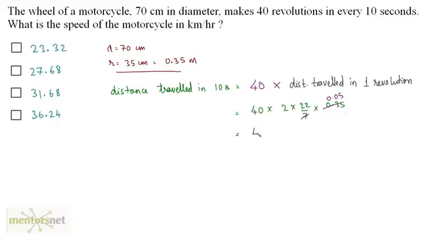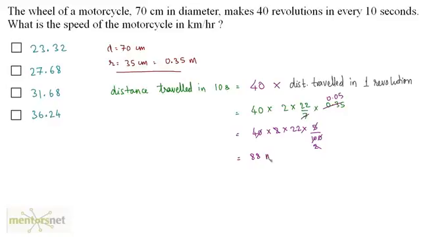So this can be written as 40 times 2 times 22 times 0.05, which can be written as 5 by 100. This 0 and this 0 get cancelled out. 5 times 2 is 10, and this 2 and this 2 get cancelled. So what remains is 22 times 4, that is 88.